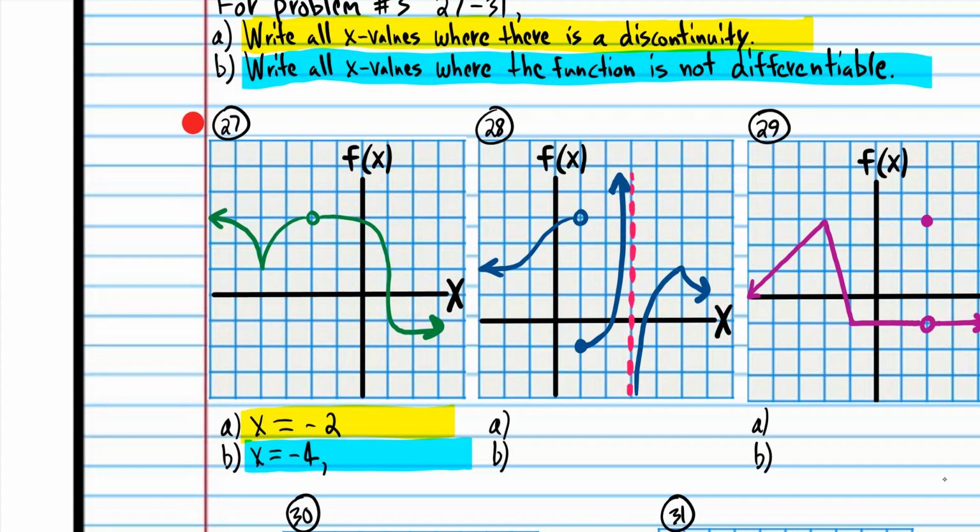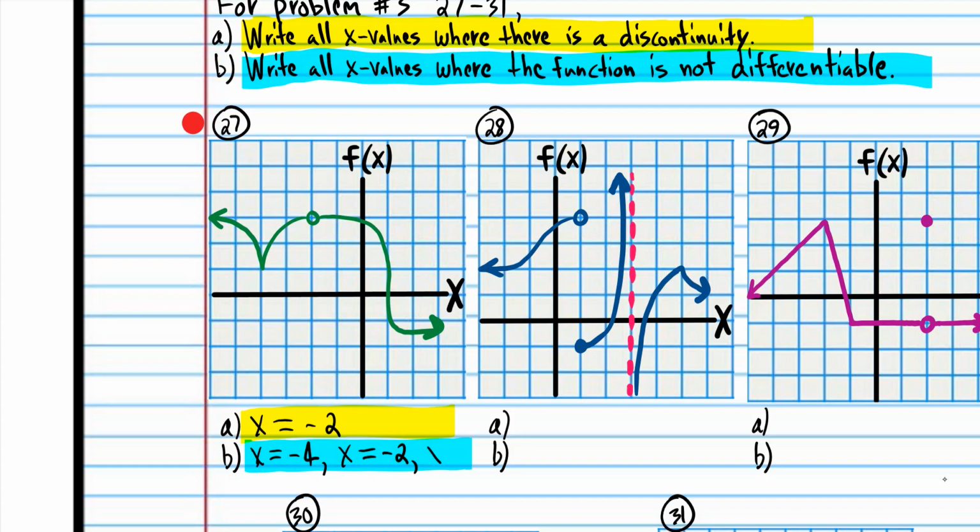Remember that functions are not differentiable where you have a discontinuity. So we know we have a discontinuity at x equals -2, right? So you can't find the derivative when you have a discontinuity. But here, it's kind of hard to see, but the graph has one point where the tangent line is actually vertical.